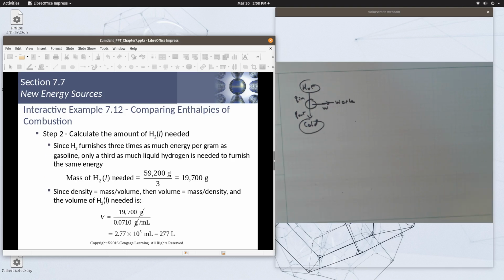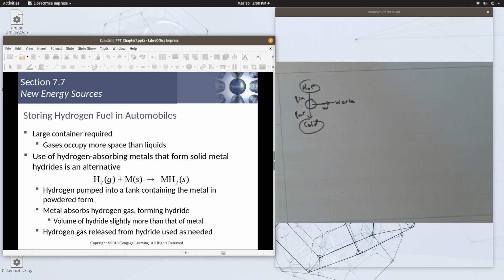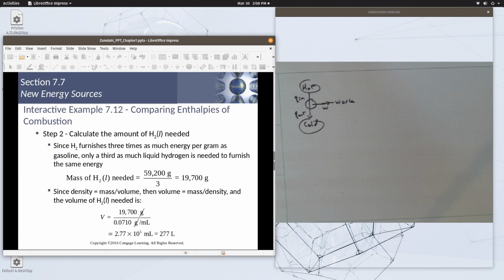So the volume is 277 liters of liquid hydrogen, and that's a lot. 277 liters of liquid hydrogen.